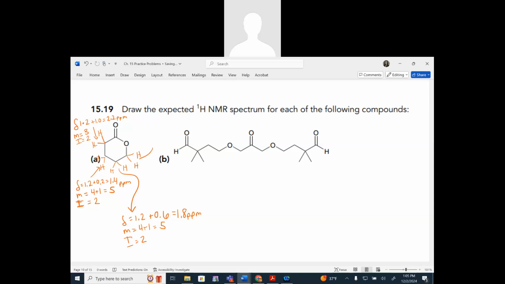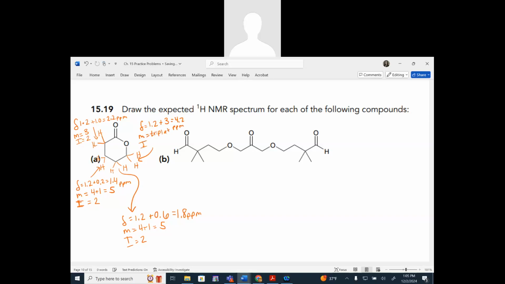Our last signal over here, now we're going to have our shift start at 1.2. We're going to add 3 because this is alpha to an oxygen of an ester. So our shift should be approximately 4.2 ppm. Our multiplicity, there's only 2 neighbors now, so we would have a triplet.